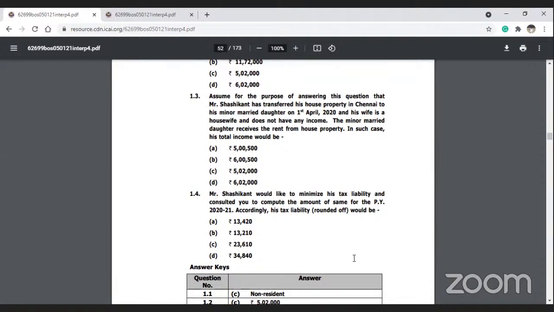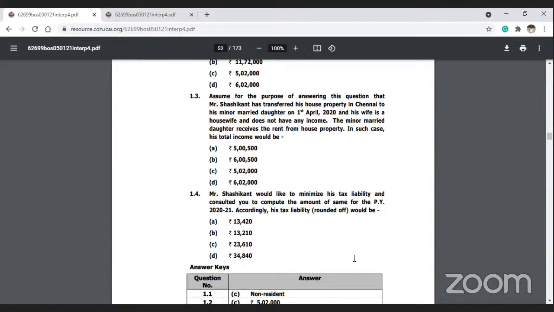What is the tax liability as per 115BAC? At 10% it comes to 13,208, and rounded off it is 13,210. Yes, right.